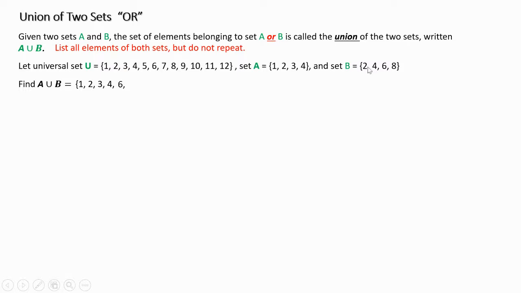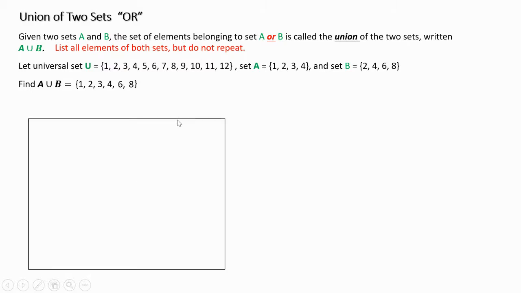Yes, so I don't put it again. Is 4 there? Yes, so I don't put it in again. Is 6 here? No, so I put the 6. Is 8 here? No, so I put down the 8. That's how you express A union B, or A or B.